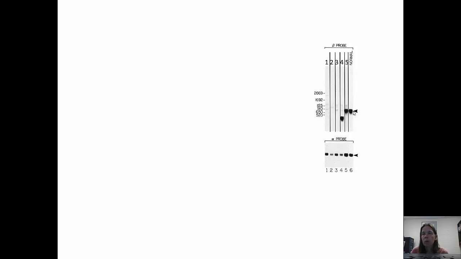And then the numbers 1 through 5 represent patients that have this disease, and this is what their alpha and beta globin look like. So alpha globin is down here on this bottom blot, and all of the people, including the normal person, have bands for alpha globin. Some are just larger or smaller than others.